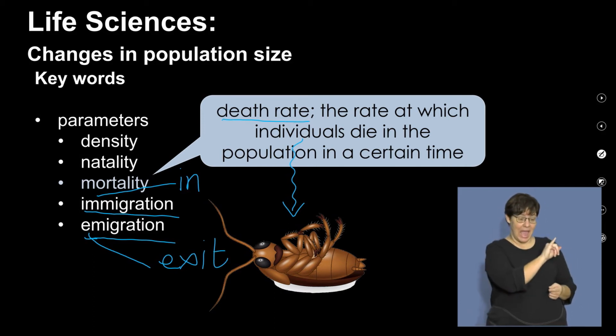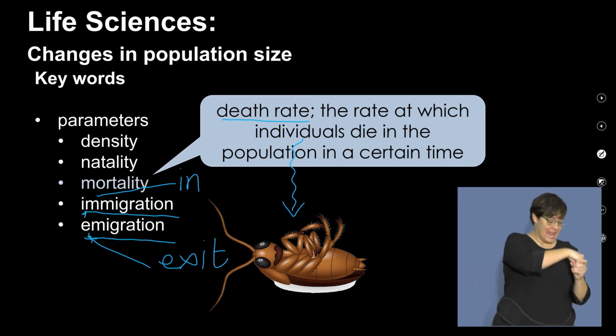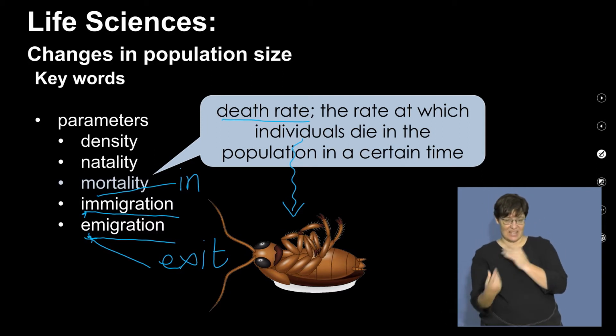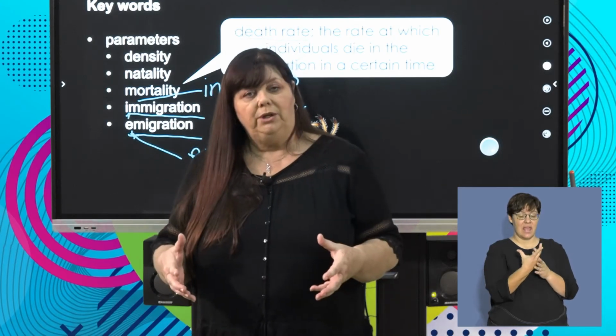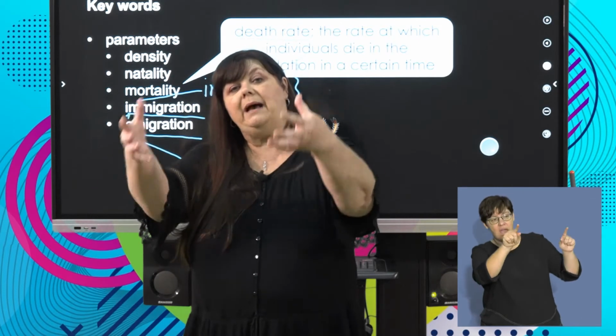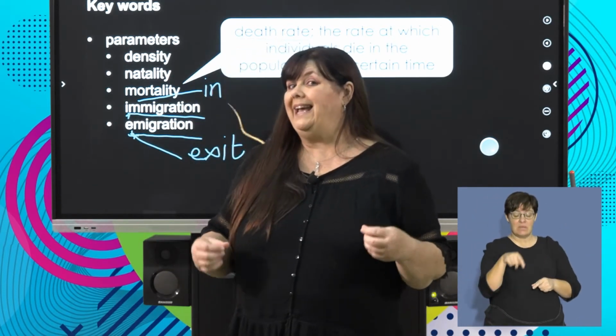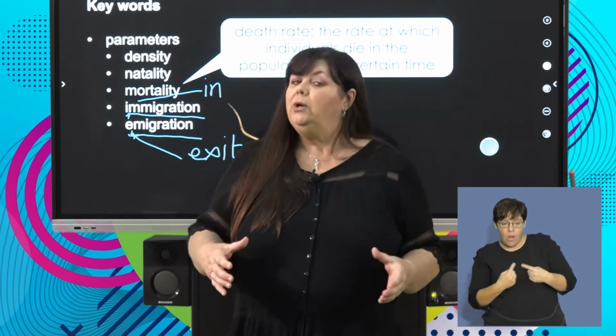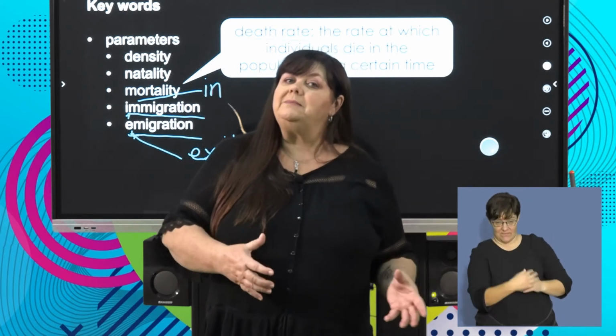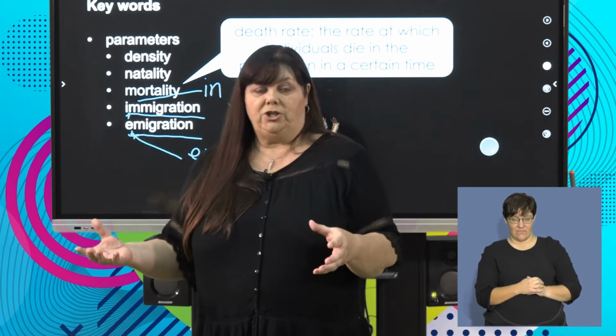So will you remember the I and the E? That'll help you to remember that when we talk about immigration, we're talking about organisms coming into a population. When we talk about emigration, we're talking about organisms leaving a population.